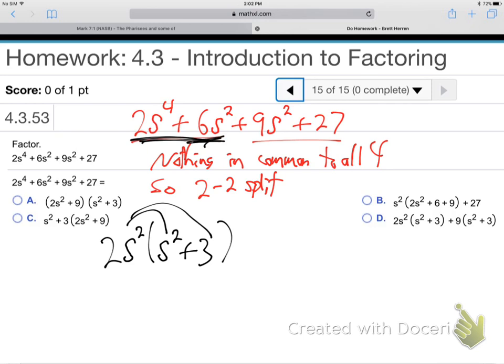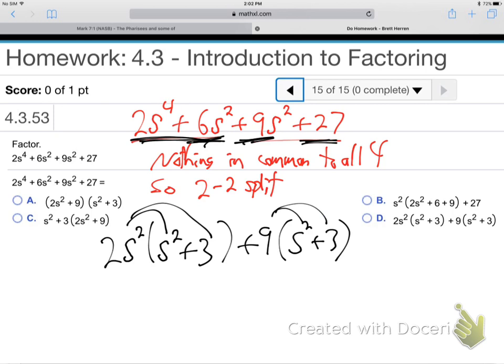Now, as soon as I see parentheses here, what am I expecting back here? The same. It's got to be a match, or it doesn't work at all. So I'm just going to write that down, assuming something's going to make that work. Well, okay. How do you get plus 9? Well, you put a plus 9 there. Is that right? 9s squared and 9 times 3? Beautiful. It's exactly right.